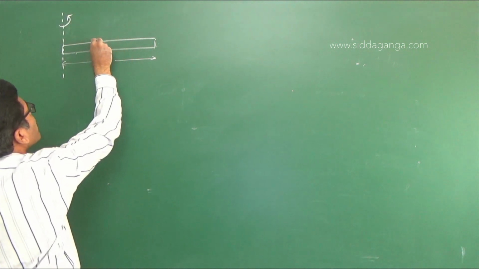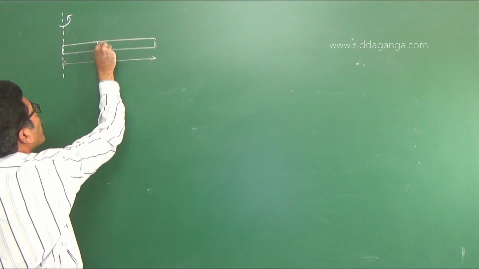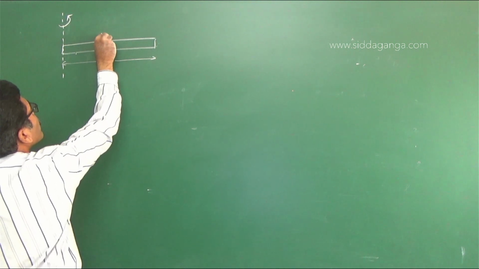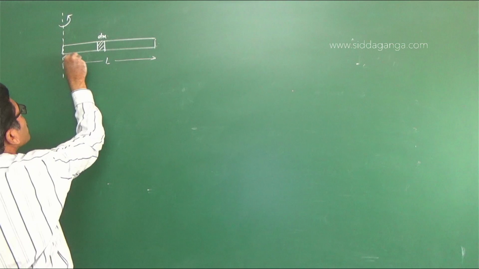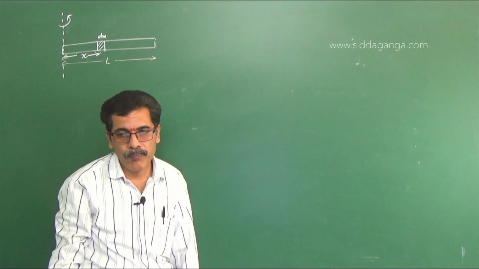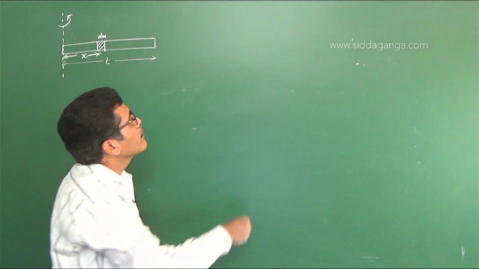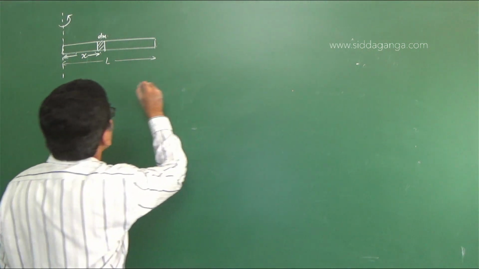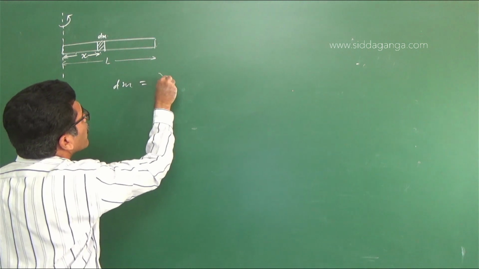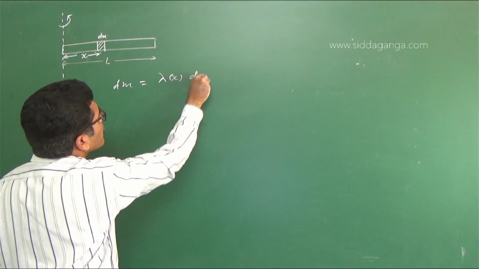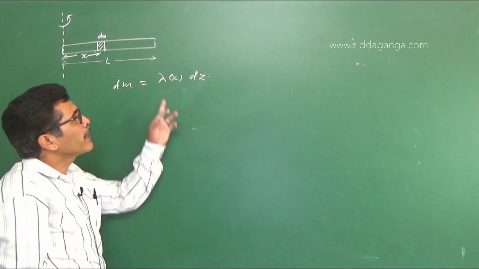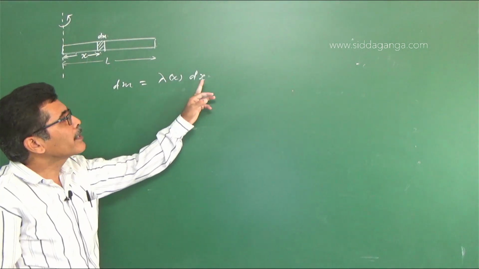For that I just consider a small mass dm at a distance x from one end. We know that dm is equal to lambda x into dx. What is lambda x? Lambda x is mass per unit length, multiplied by dx.